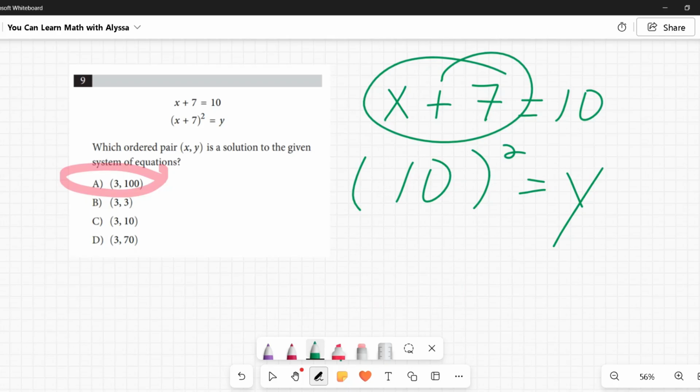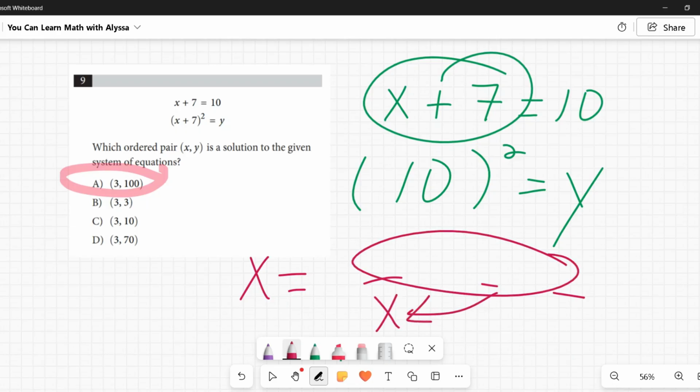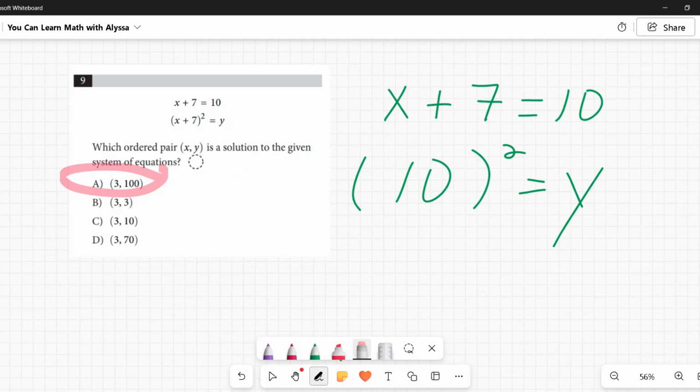This isn't a traditional substitution in the sense that usually you're isolating one of the variables, like you're getting x equals blah, blah, blah, and then going to the second equation, and everywhere there's an x, you plug that in for the x. And also there are some system of equation problems that can't be graphed. So knowing these methods has been beneficial. But there's my answer, 3, 100.